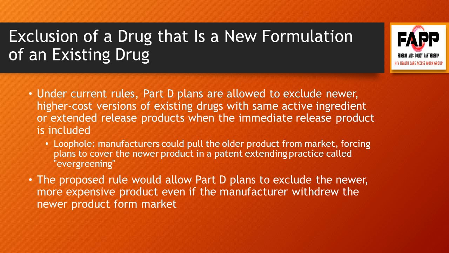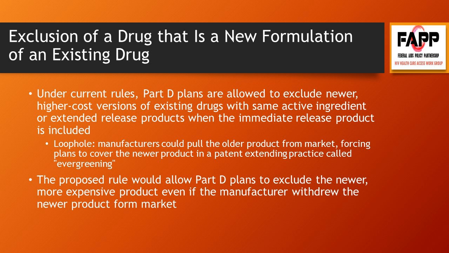However, there's a bit of a loophole in how that bumps up against the six protected class protections, in that manufacturers can pull the older product from market, forcing plans to cover the newer product as the only one available. This is a fairly well-known patent extending practice called evergreening.